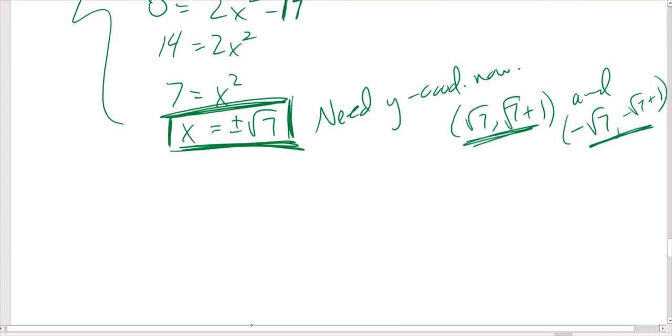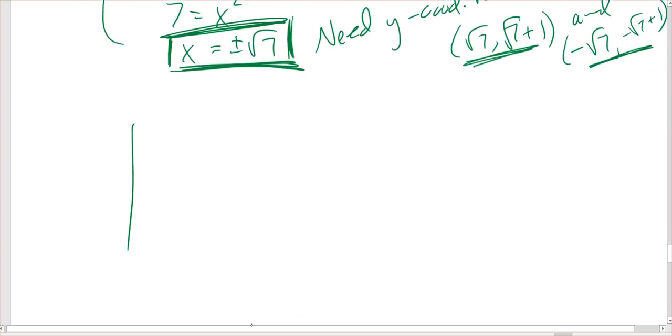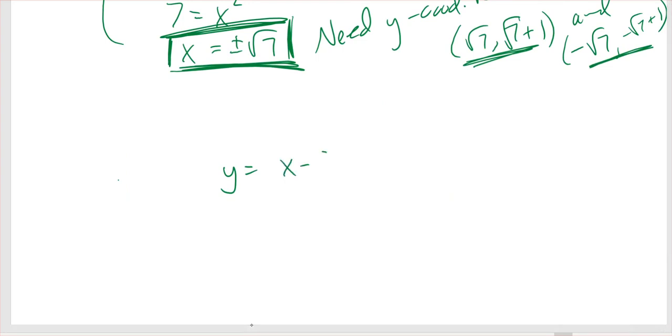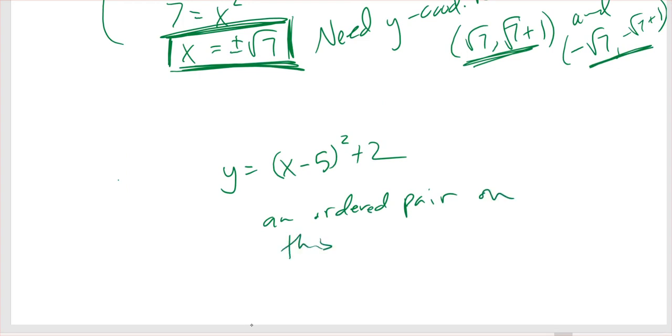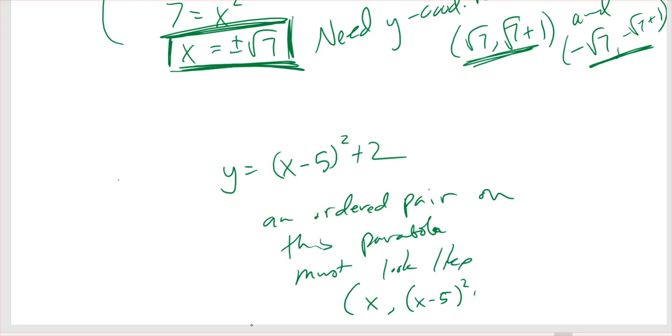Just a real quick another example of this: if I have a parabola y equals, I don't know, (x minus 5) squared plus 2, and I wanted an ordered pair on this parabola, it must look like x comma, and then whatever you put in there. So we would have x, comma, (x minus 5) squared plus 2, right? Because that's the y value.